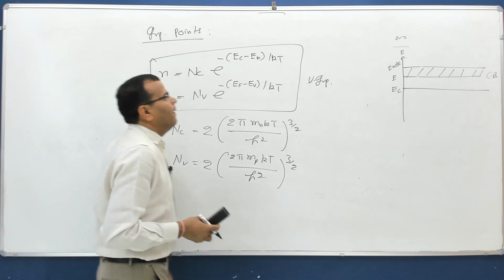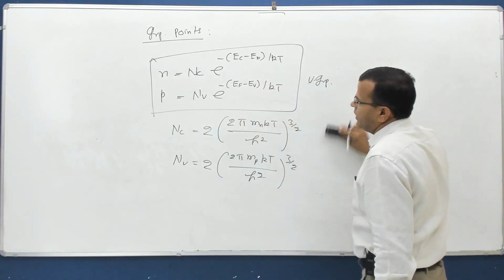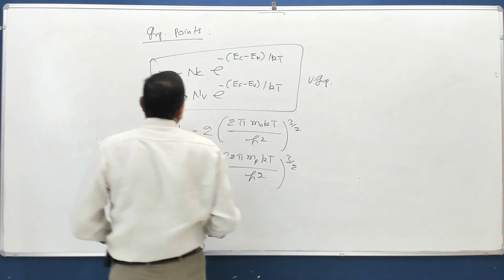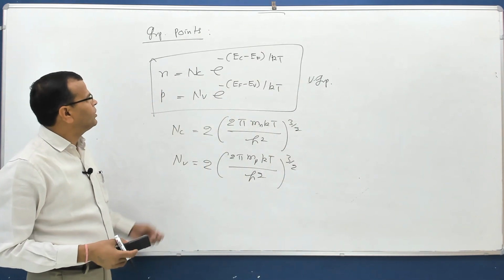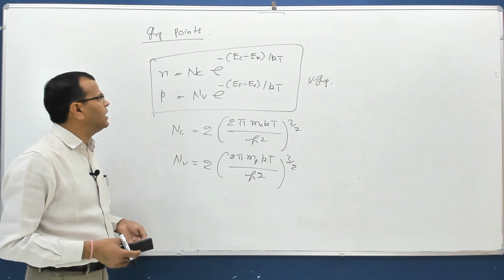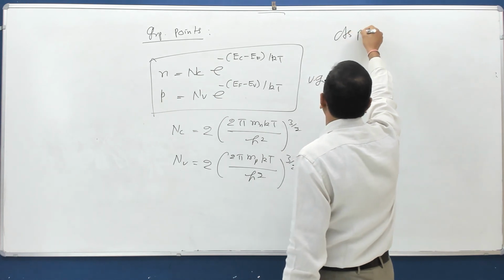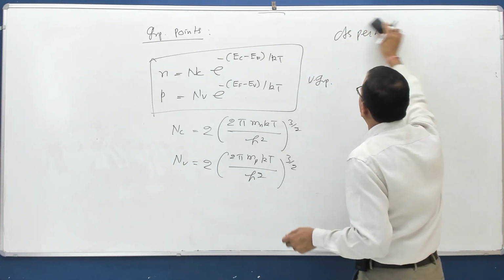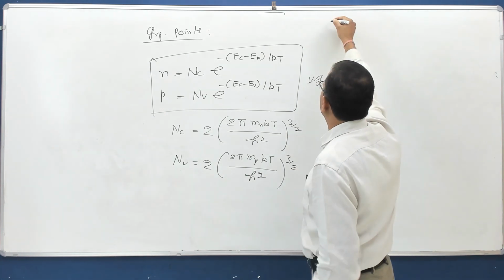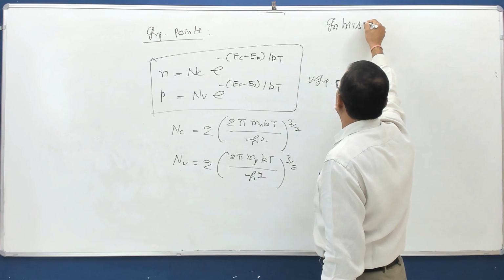This is what you need to remember, but let us see how to derive the relationship between N and P. I'll make a heading. Heading is intrinsic carrier concentration.